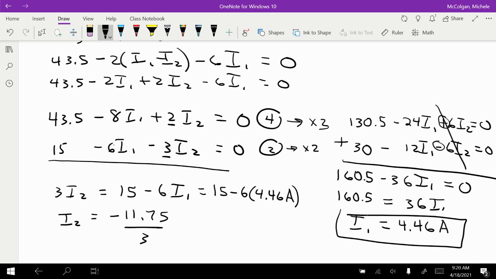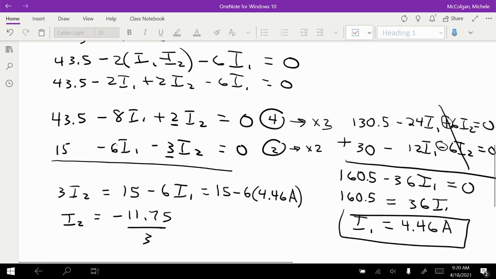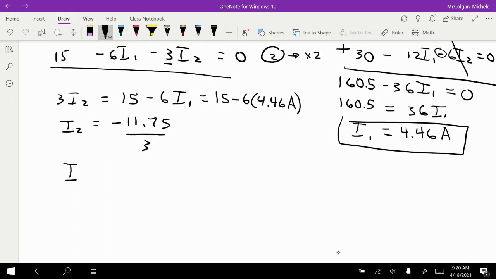So I get I2 is equal to a negative 6.08 amps.